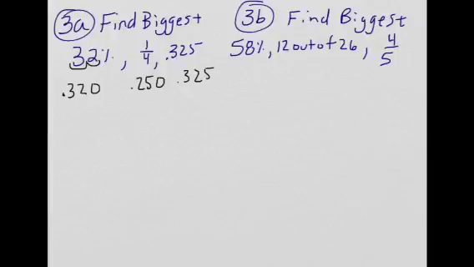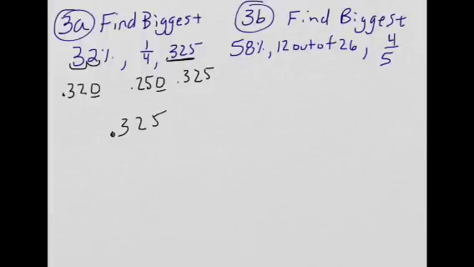Now notice that I added the zeros on to those numbers that didn't have 3 digits behind the decimal because we have to compare it to this decimal. So in order to compare it, all 3 need to have 3 digits. So in looking at this, we're looking for the biggest number. So our biggest number is going to be 0.325.